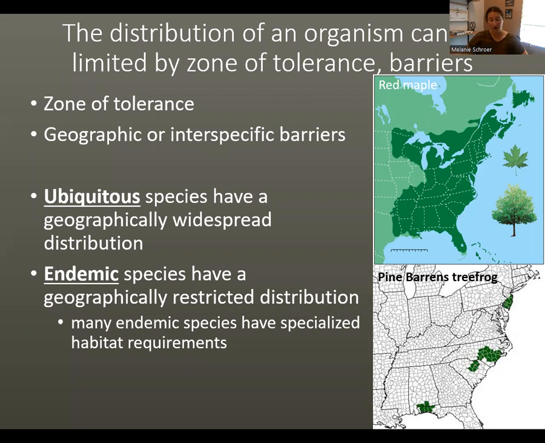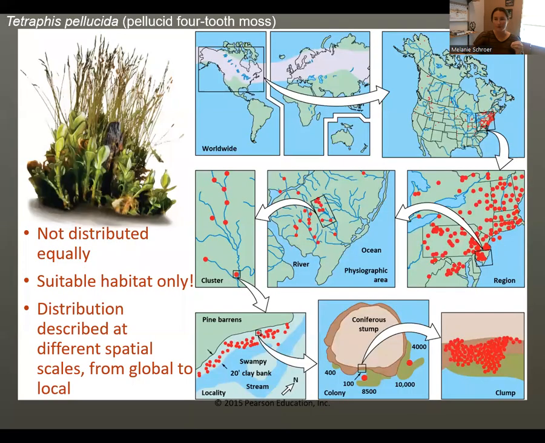You don't see them just around everywhere in parking lots or whatever. They have very specific habitat requirements. And so we can describe distribution at different spatial scales, from global down to local.